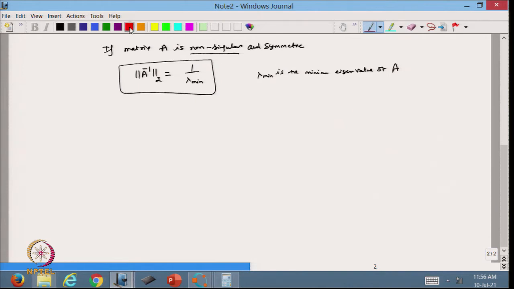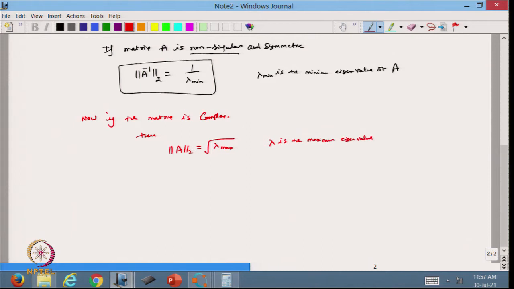So, now if the matrix is complex, then I can define the same way the 2 norm, and that is equal to lambda maximum under the root, where lambda is the maximum eigenvalue.